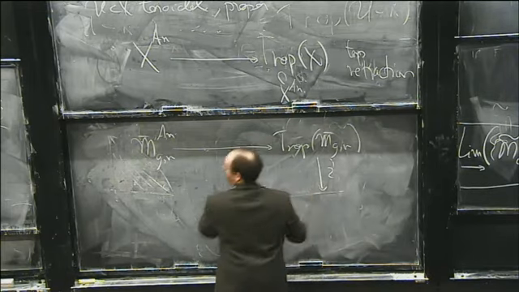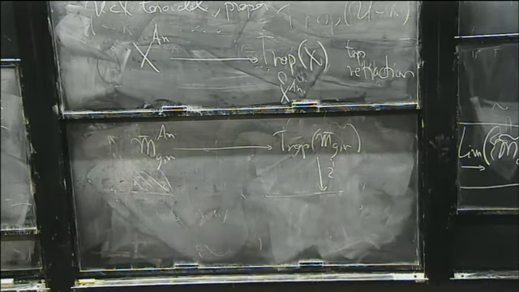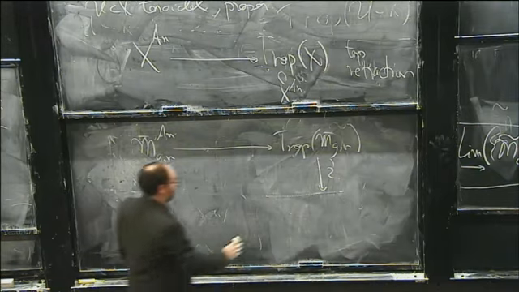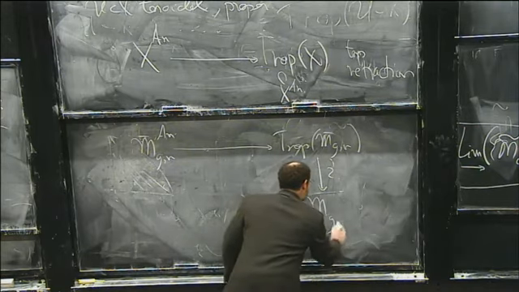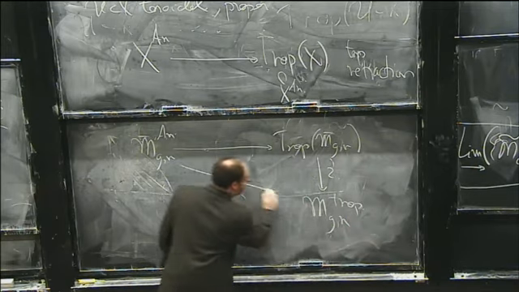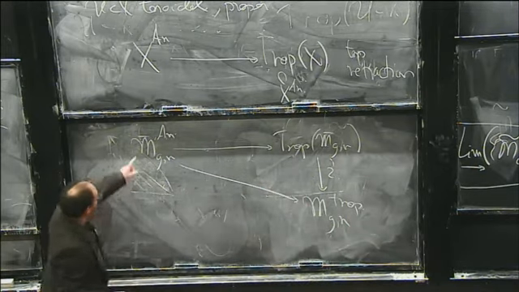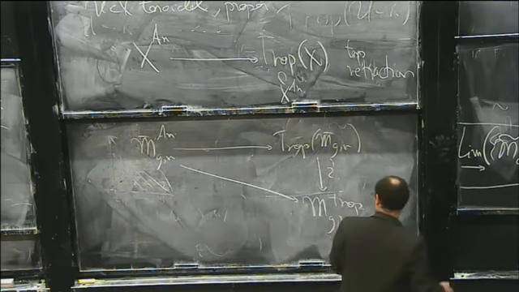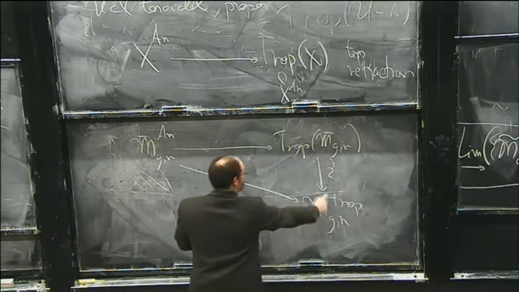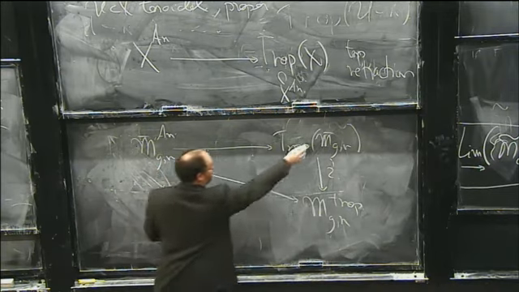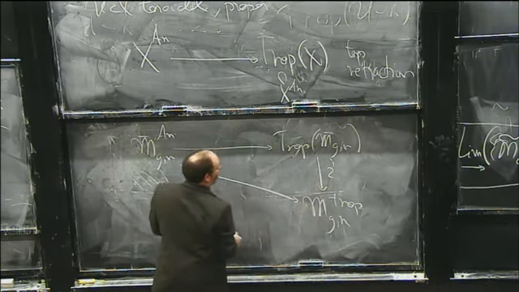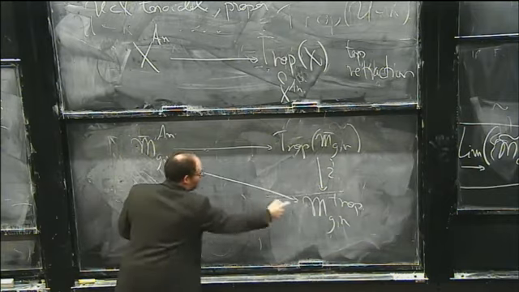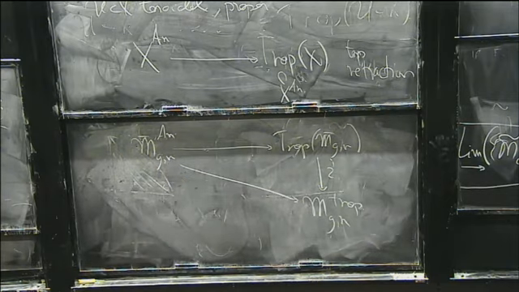So I claim there that the tropicalization is the same as the moduli space of tropical curves. And I want to say just a word about this map. So if this is a homeomorphism, I want to know what this continuous map looks like.